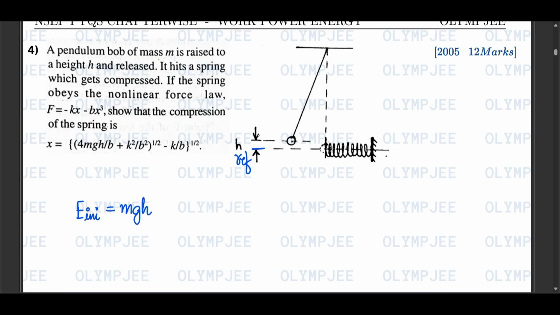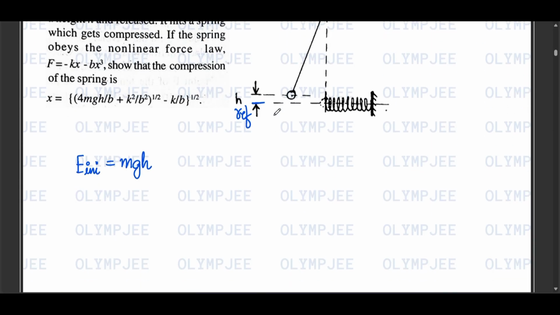The potential energy due to gravity, and that is getting transformed into the potential energy of the spring. Now notice that this is not the normal Hooke's law or linear force where F is minus kx, so we cannot use the formula that we have learned of half kx square. We need to derive the new formula for this non-linear force, and for that we'll turn to our basics.